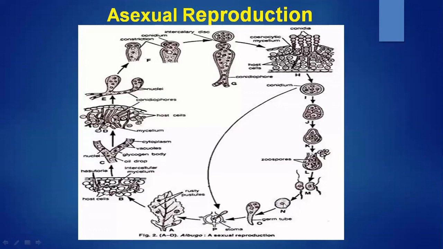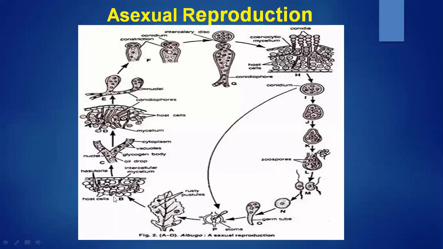This form is known as the encysted zoospore. Now this encysted zoospore forms a germ tube. With the help of this germ tube, again it enters into the host tissue through stomata, penetrates into the host epidermis and develops into an intercellular cenocytic mycelium.